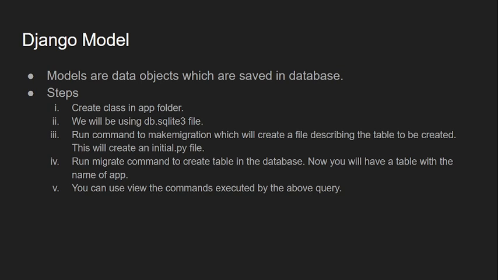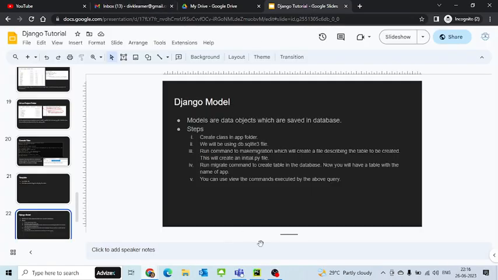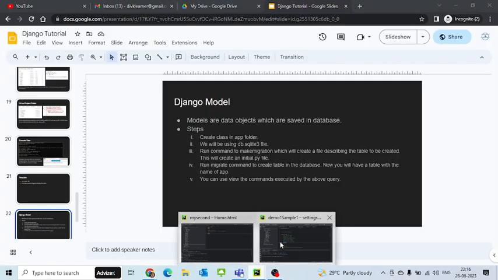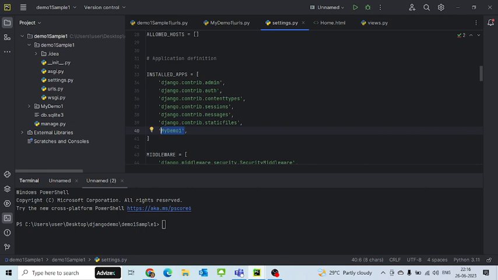Once that has been created, we'll be running the migrate command, and that will actually create the table for you. And then we will execute the view command to see the above query which has executed to create the database. So with that, let's very quickly open up PyCharm and go to our project.